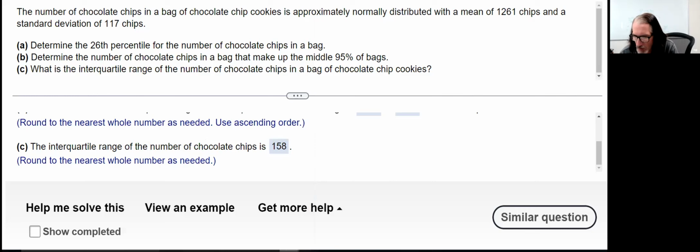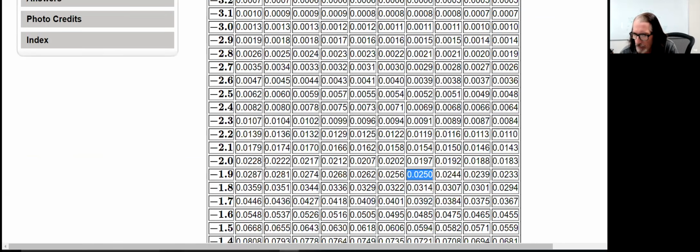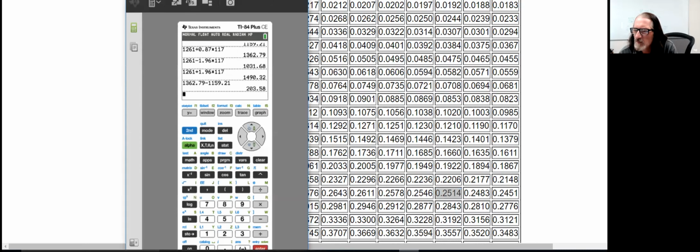Let's double check. So looking up 0.25. I was closer to negative 0.67. So let's do this.